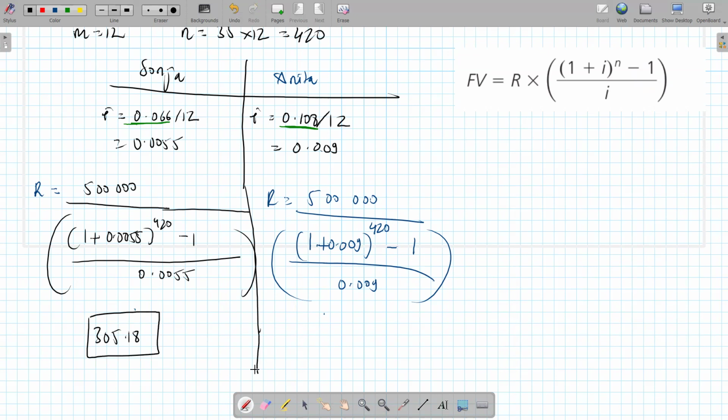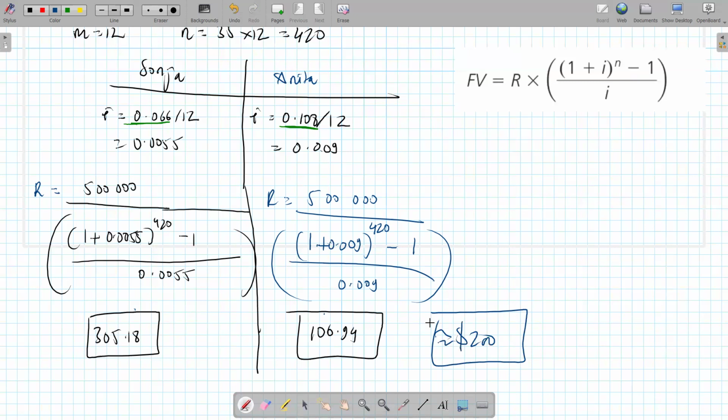Do the exact same thing with this one: 1.009 to the power of 420, minus 1, divided by 0.009, then 500,000 divided by the answer. I get 106.94. Look at the difference. It's almost $200 more she has to deposit every month. That's about $200 difference between their annuities, which is a lot of money if you do it every month for 35 years.